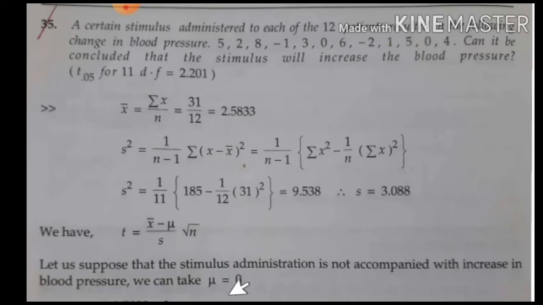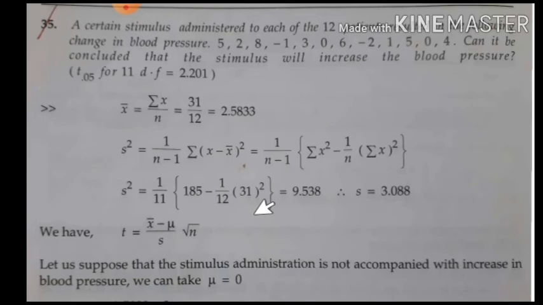I'll repeat this concept. Earlier, in the previous two problems, I told you to take as the hypothesis what they asked you to test in the question, that itself. But here, since the population mean is not given, we need to frame the hypothesis in such a way that I can take the mean of the population as 0.